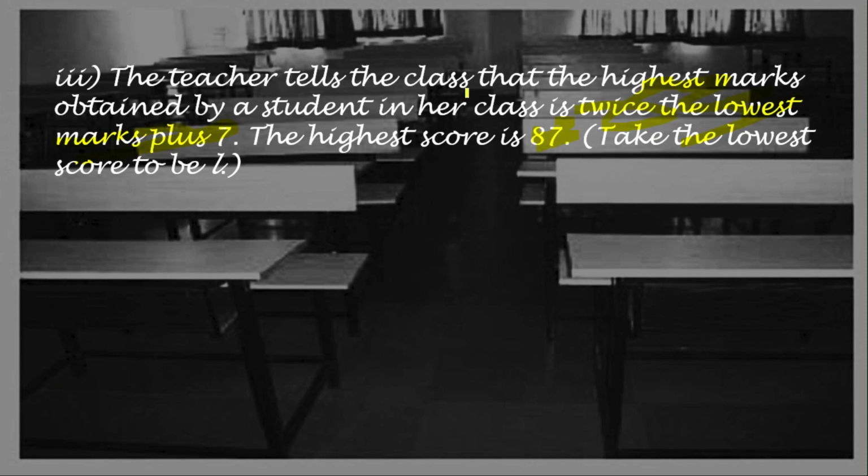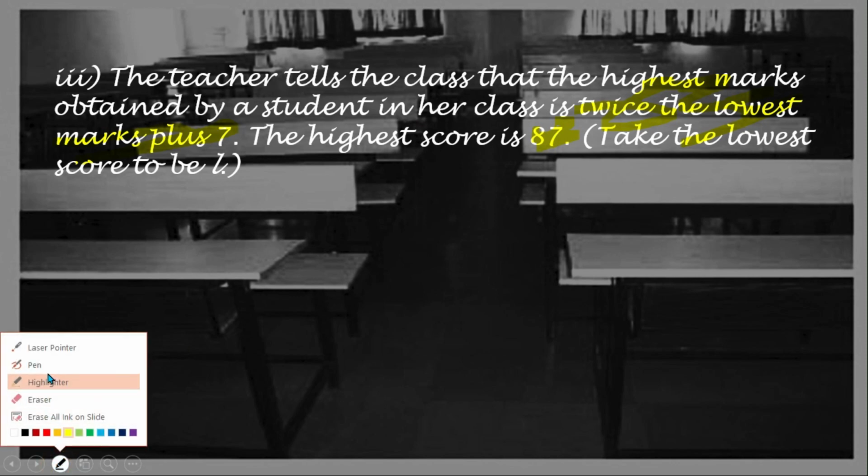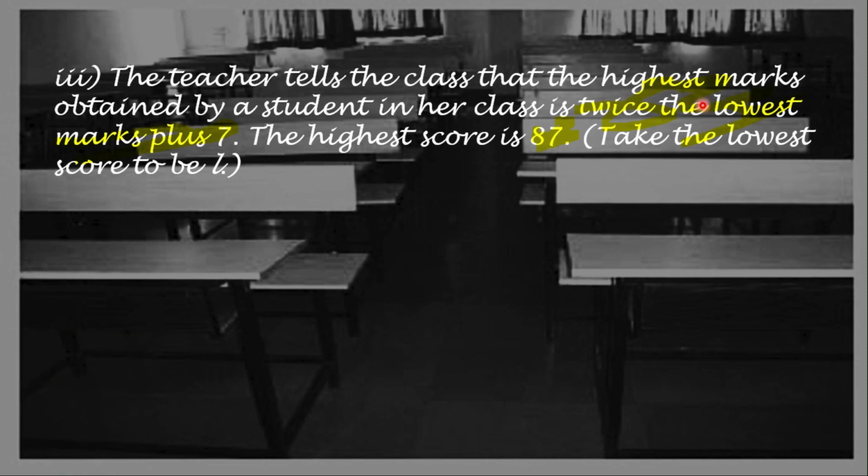Highest marks is how much? Twice the lowest marks plus 7. If you convert this statement, highest marks is twice the lowest marks plus 7, then you will get the value 87.